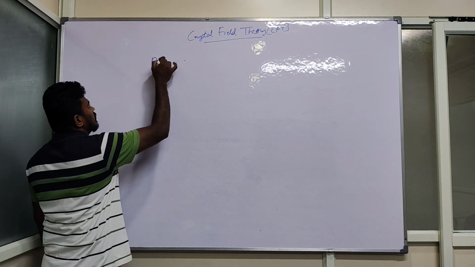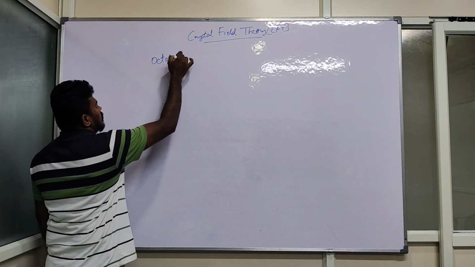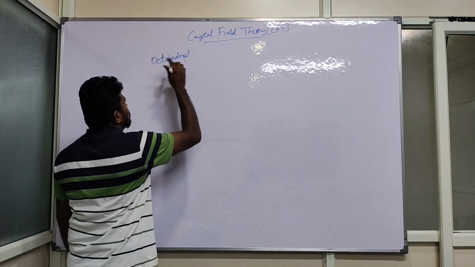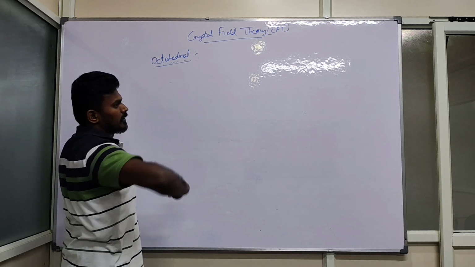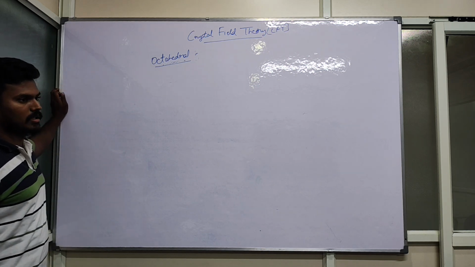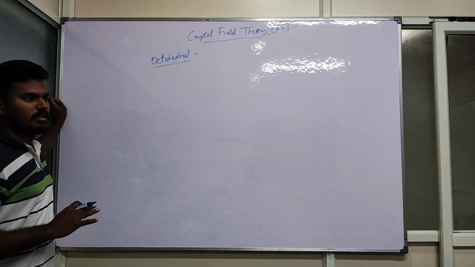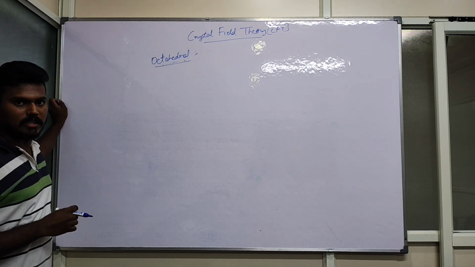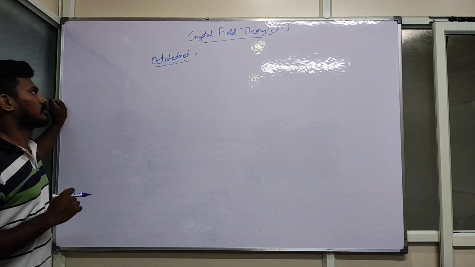Next, CFT in the octahedral geometry. And here the octahedral geometry is considered the best in order to explain properly the placement of the ligands over the metal ions.